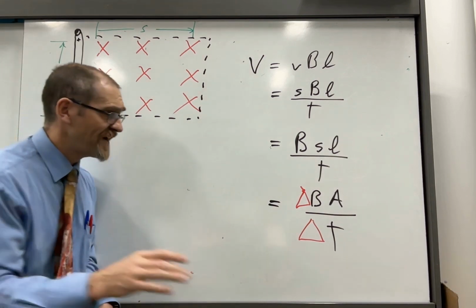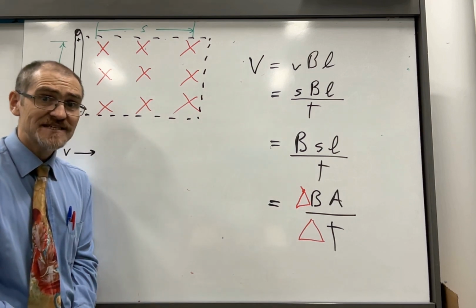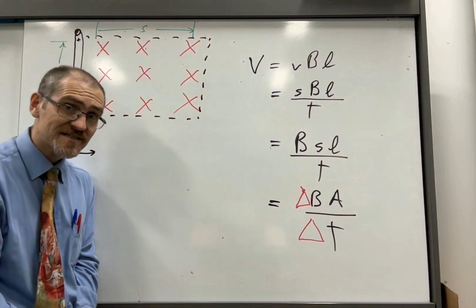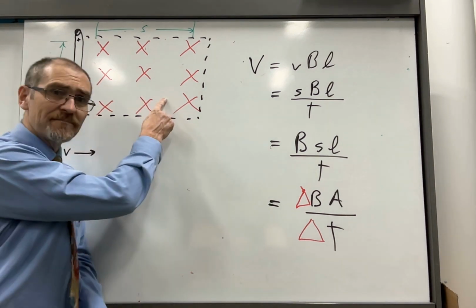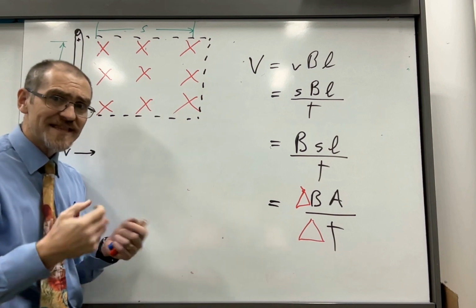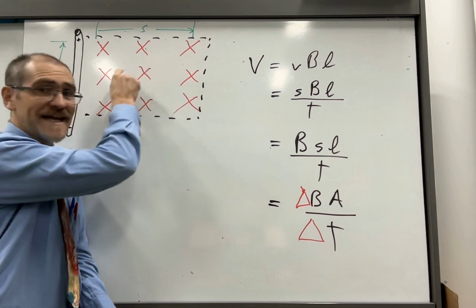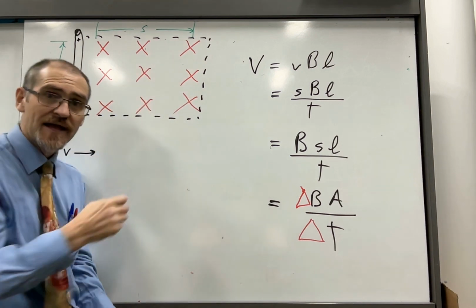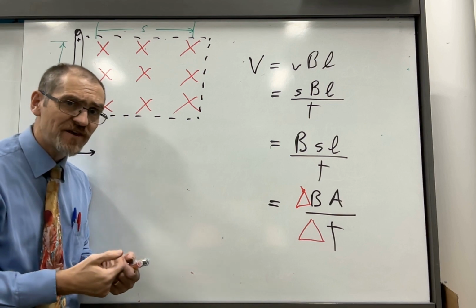If you allow for the fact that BA is now going to be defined as something new, flux. Up until this point, we've been quantifying magnetic field using Tesla. Magnetic field strength in Tesla represents the strength of the field at a particular point in space. Flux is another way to quantify magnetic field.